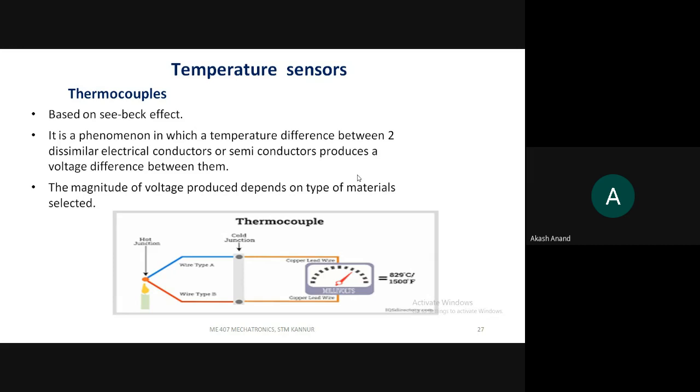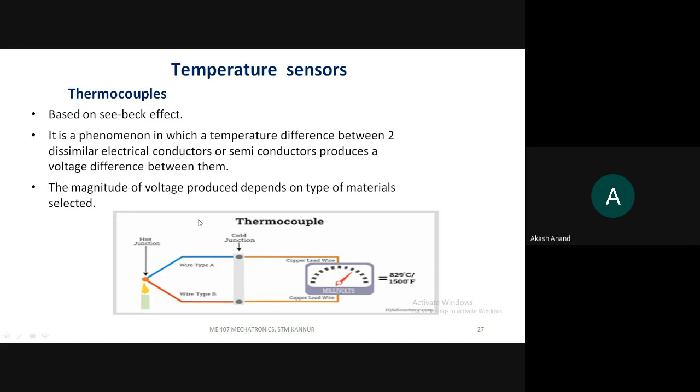The basic principle of the thermocouple is the Seebeck effect, a phenomenon in which a temperature difference between two dissimilar electric conductors or semiconductors produces a voltage difference between them. That is the Seebeck effect. So a thermocouple is a type of sensor which works on the basis of the Seebeck effect.